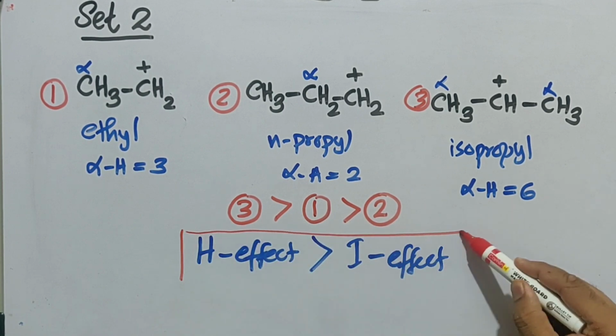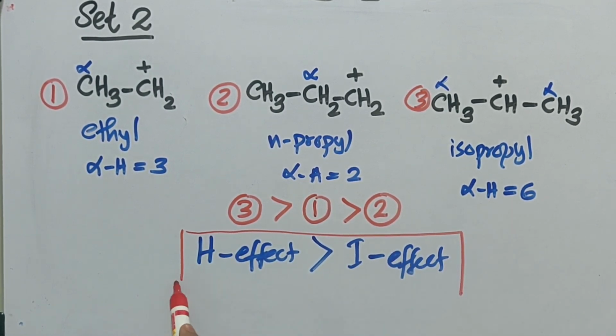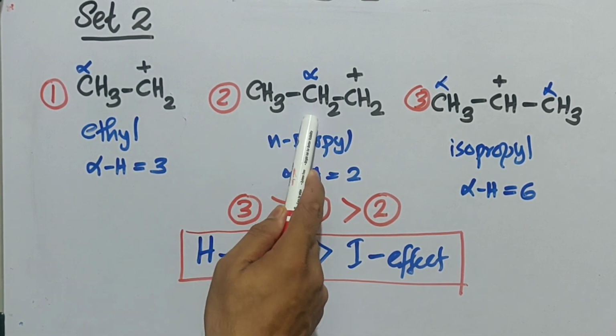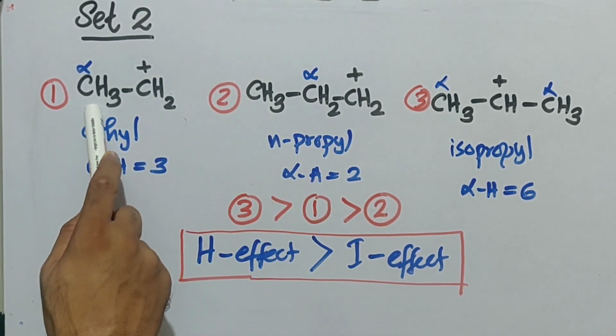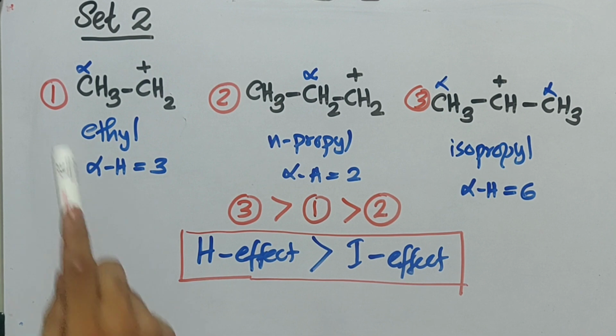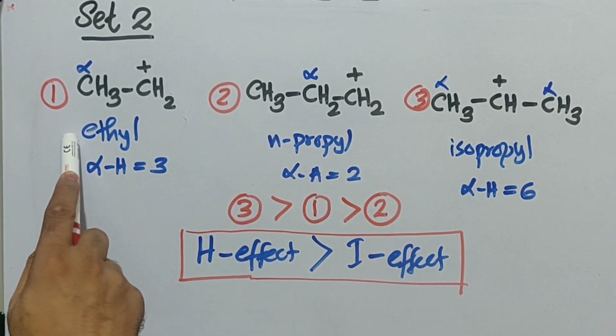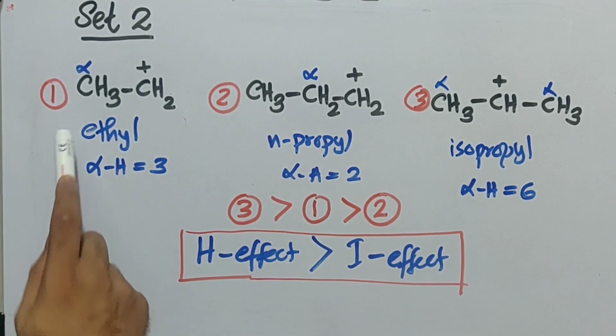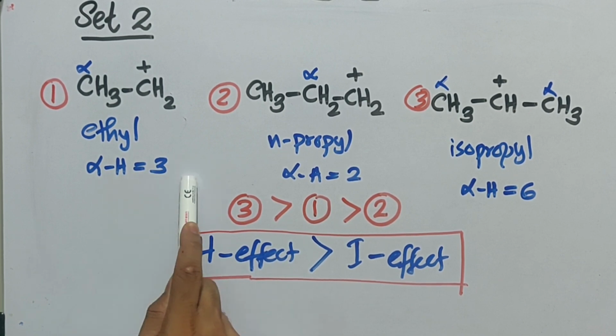Here hyperconjugation is very important, because if you are considering inductive effect, the I effect is more powerful for an ethyl group than a methyl group. But if we are taking hyperconjugation, we have to consider this one as the species with more stability because it has more alpha hydrogens.